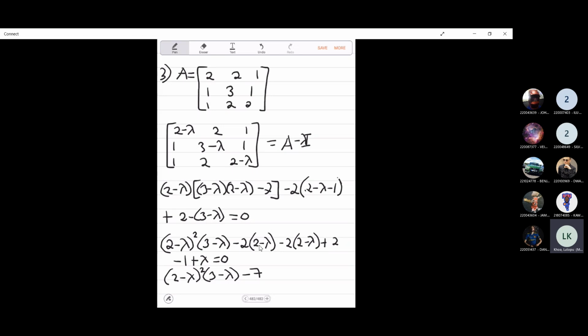And then positive 2 lambda, positive 2 lambda, and lambda. This gives me 5 lambda. Okay, so there isn't anything we can do to factorize, so we just multiply. This is 4 minus 4 lambda plus lambda squared, 3 minus lambda minus 7 plus 5 lambda is equal to 0.